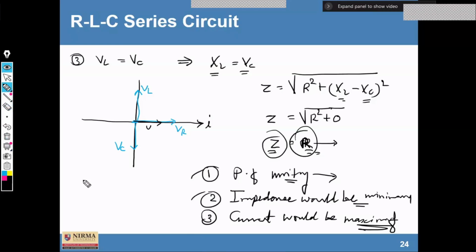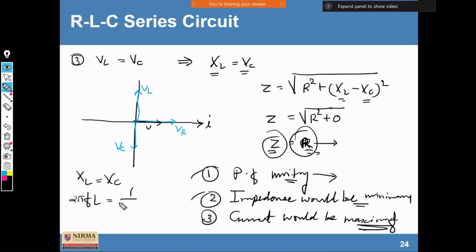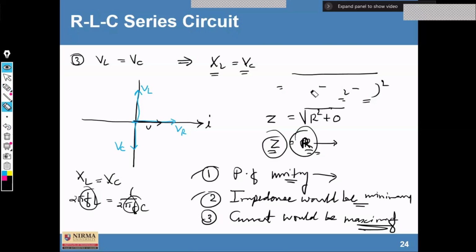Because XL is equal to XC, we can find the value of frequency by inserting the different parameters. XL is 2 pi FL and XC is 1 upon 2 pi FC. The frequency at this condition is considered the resonant frequency.